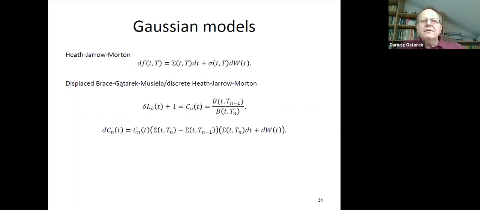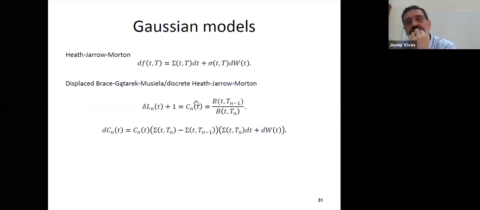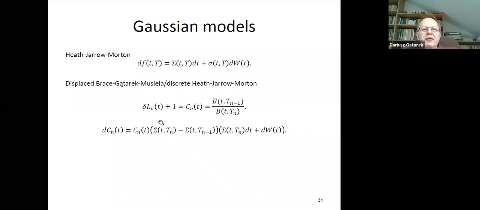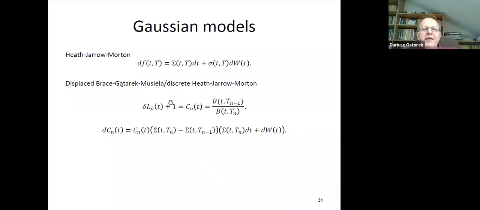And next, we may make a step further. I'm reminding you that forward LIBOR is related with the forward zero coupon bond prices. So this is the definition for the model.